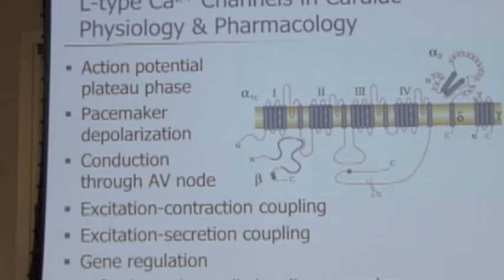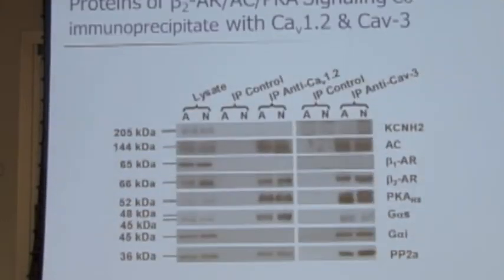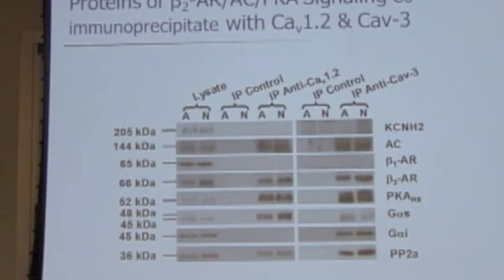So a multi-subunit complex. And so we're going to think about L-type calcium channels and caveoli a little bit. The reason that we're thinking about this is because in previous work that we published a number of years ago, we tried to understand where different ion channel proteins and regulatory proteins were localized with regard to caveoli, using caveolin 3 as a tool to look at that.